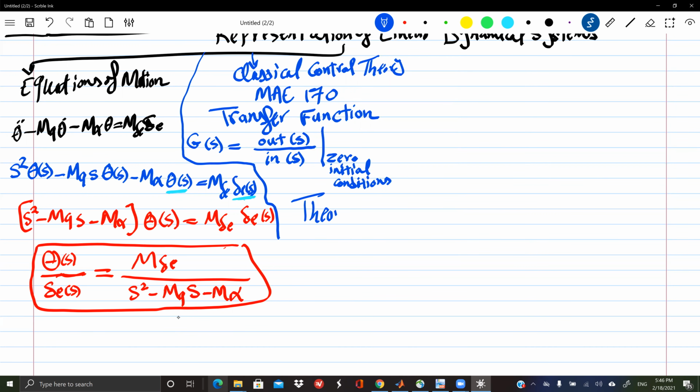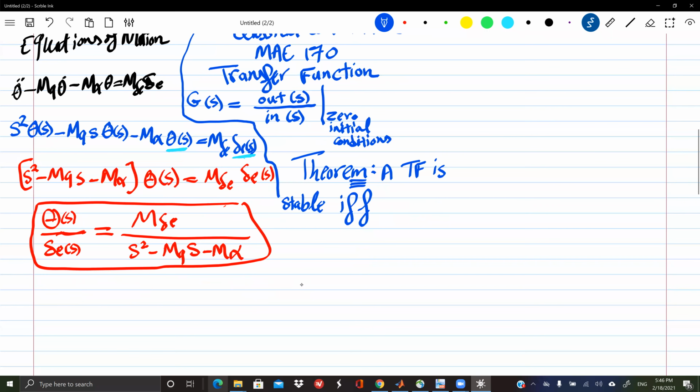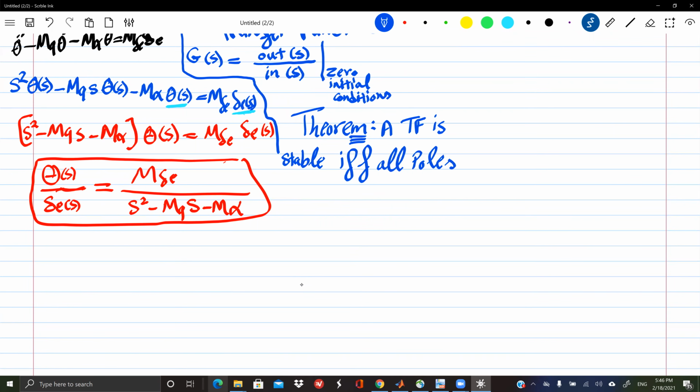Theorem means it's proved mathematically, it's not like a theory. It says that a transfer function is stable, and you know it very well, if and only if, when mathematicians write iff, they mean necessary and sufficient, all the poles lie in the left half plane.